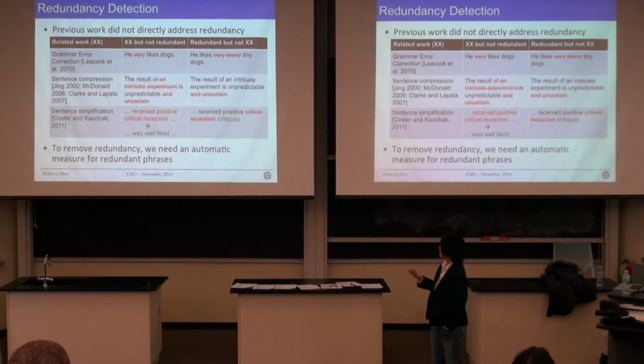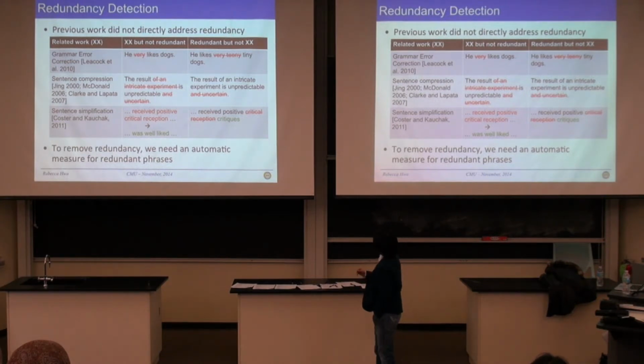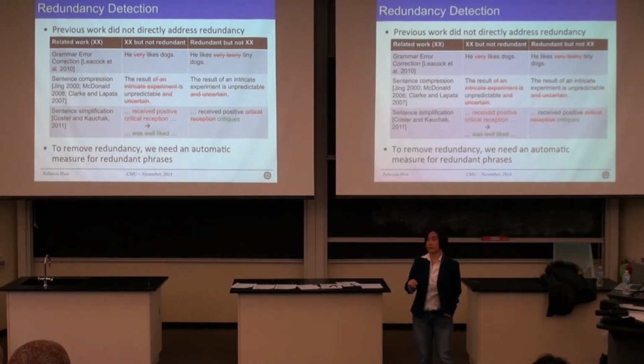But if you're actually trying to communicate, then this is an important part of adequacy that we need to convey. So the only thing that we can eliminate using redundancy detection is ideally "and uncertain," because uncertain and unpredictable are considered close enough to each other to be considered extra.